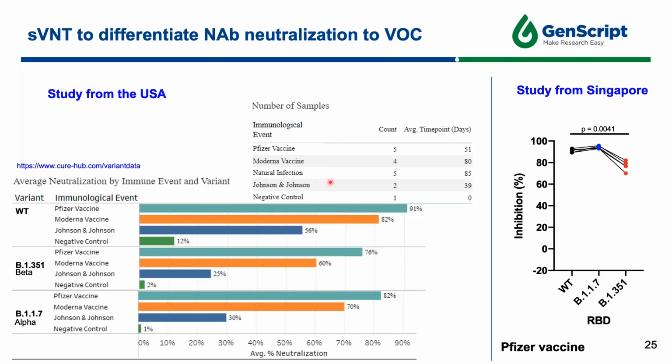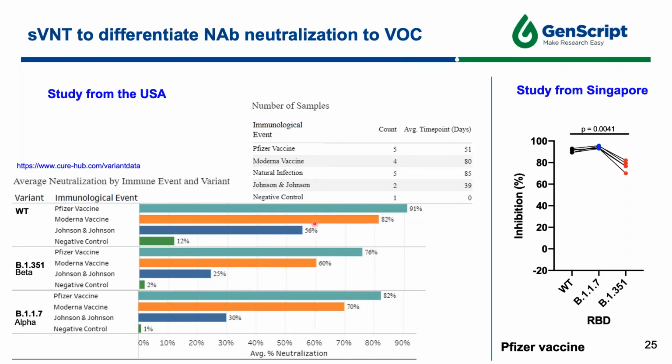So in this study, the days post vaccination is indicated here. For the Pfizer vaccine, the data is obtained 51 days post vaccine. For the Moderna, it's 80 days, and for Johnson & Johnson, it's 39 days.